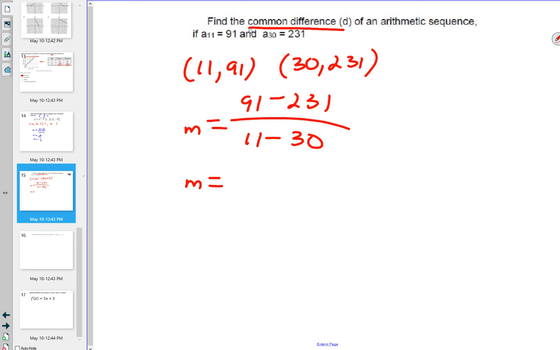Negative 140. Is that correct? Over negative 19. That divides evenly? No, it doesn't divide evenly.